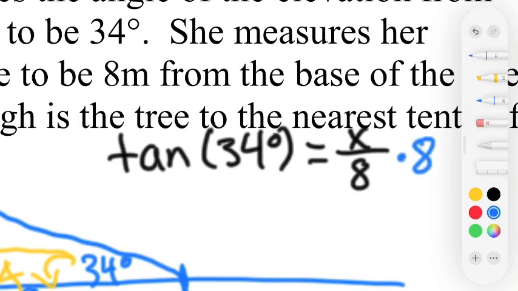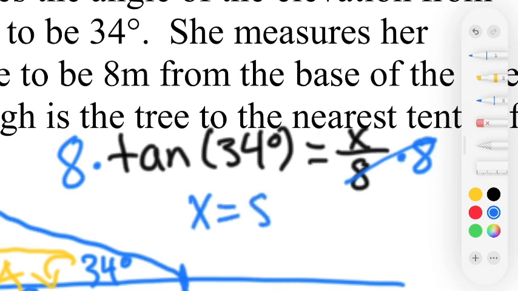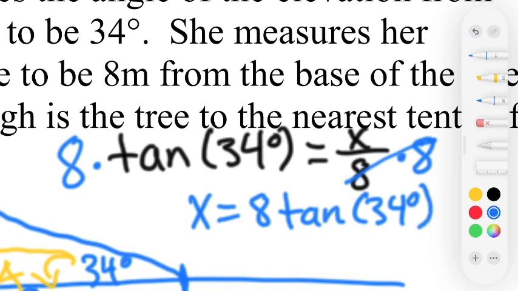So we're multiplying 8 on both sides. Division of 8 and multiplication of 8 cancels out. You're left with x equals 8 times tangent of 34 degrees. Put this in your calculator and you get x equals 5.4 meters. And you do need to round to the nearest tenths because that is what it asks for.